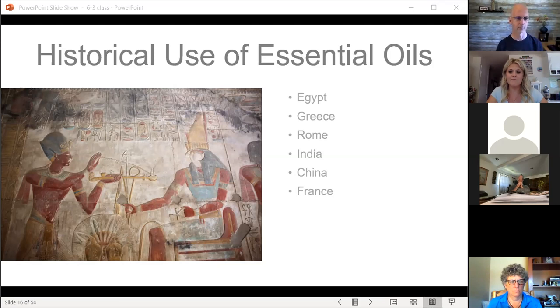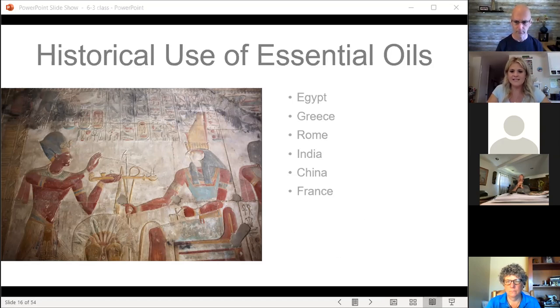In Iran, in medieval times, people used and traded the spices or the resins as perfumery, and also to help maintain their health. In India, we've all heard of the word Ayurvedic medicine. It was a holistic healing system native to India that has developed over the span of 5,000 years, which uses the aromatic compounds of plants. China, traditional Chinese medicine uses plants. France and so on. So lots of history behind the use of essential oils.